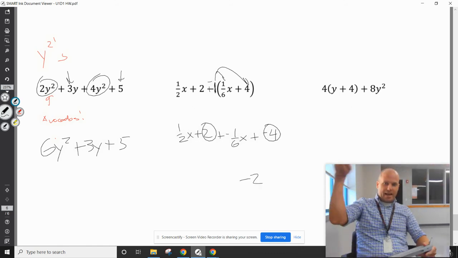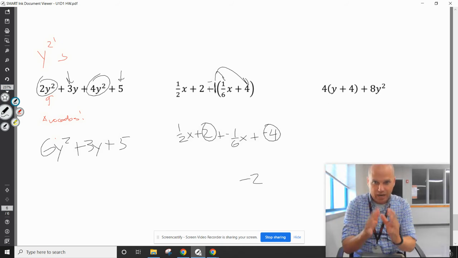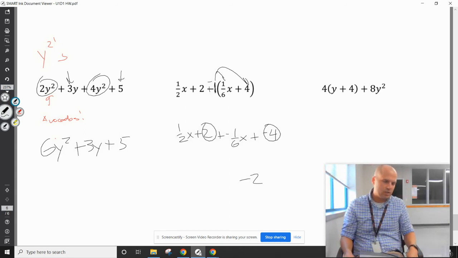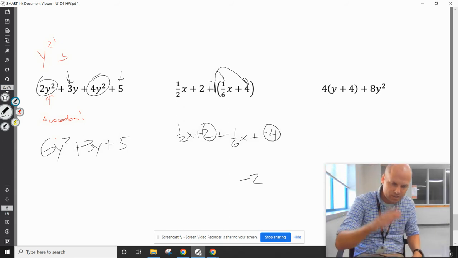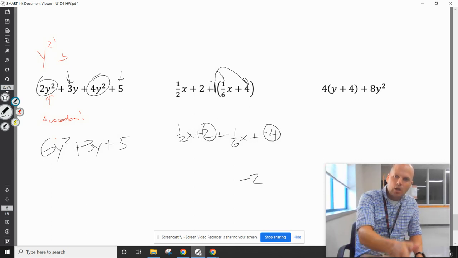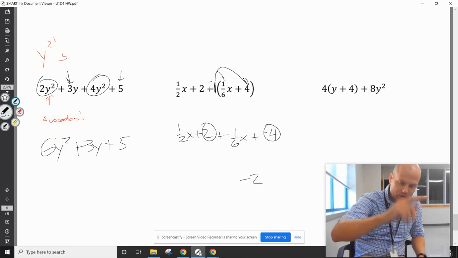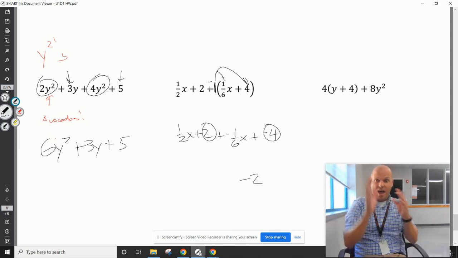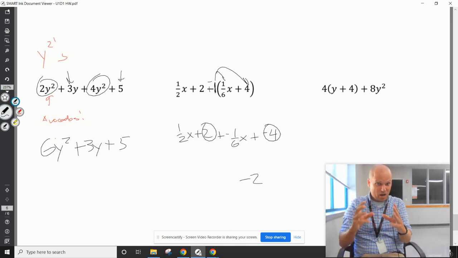The only way I can add a half and a sixth is if they're the same type of slices, just like fruits. It's like if you have fractions, think of it as slices of fruits or slices of pizza. Let's think of it as a slice of an apple because we're talking about X's being apples. I have half of an apple and I owe a 1/6 of an apple. Well, the best way to do this is to figure out how many sixths go into a half.